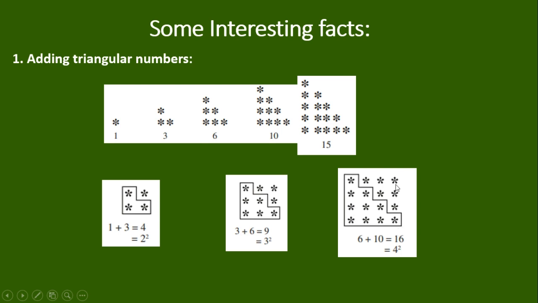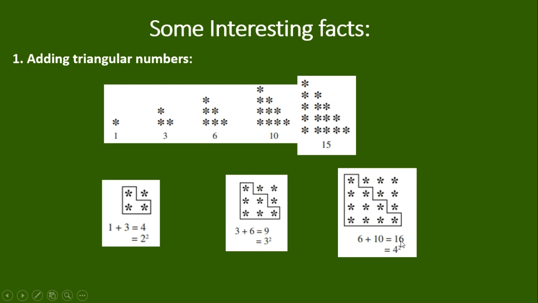So here again when I'm adding two triangular numbers, I'm getting a square number. And 16 is the square of 4. So 4 square is equal to 16. So when I'm adding two triangular numbers, that is 6 and 10, I'm getting a square number that is 16.